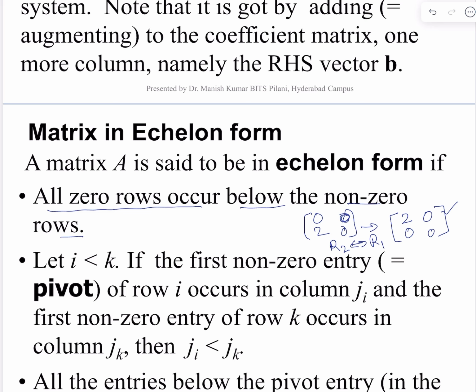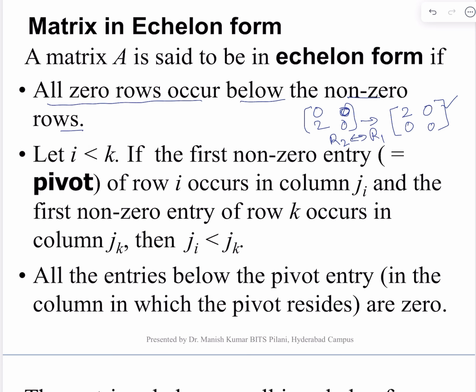Okay. And if the first non-zero entry, the pivot of row i, occurs in the j_i-th column, and the first non-zero entry of row k occurs in the column j_k, then j_i is less than or equal to j_k. So what does it mean? It means all the entries below the pivot entry, in the column in which the pivot resides, are 0.